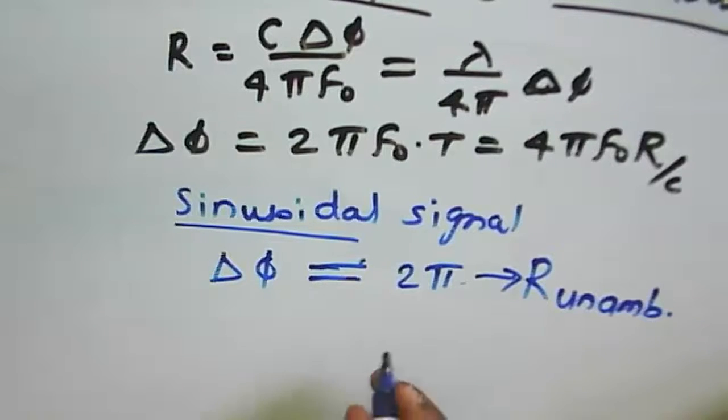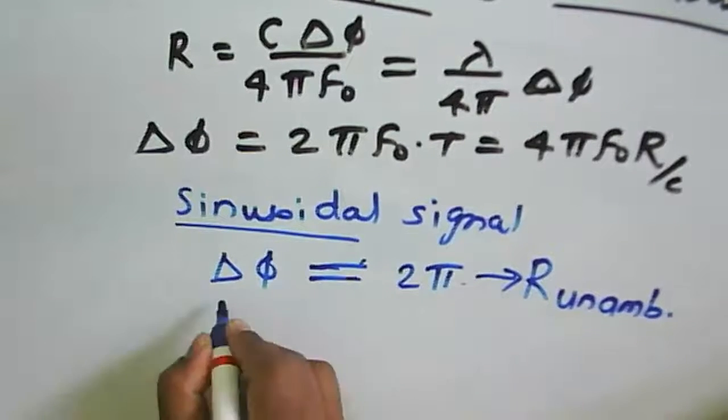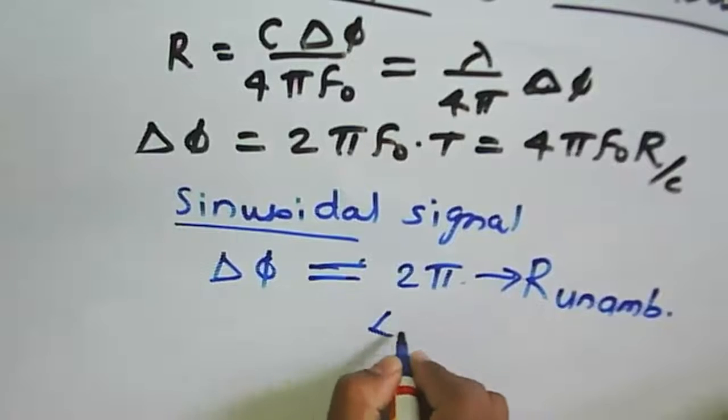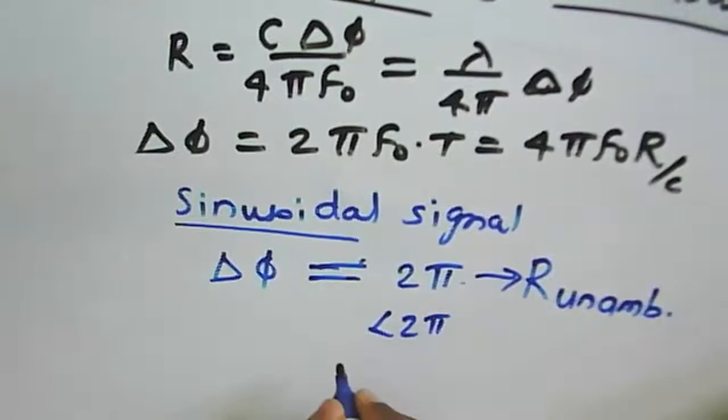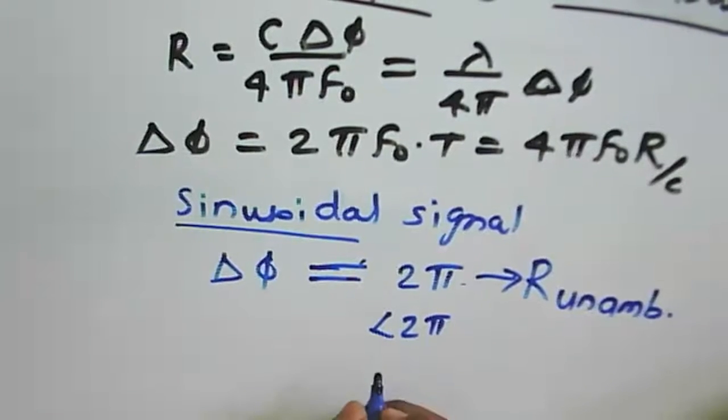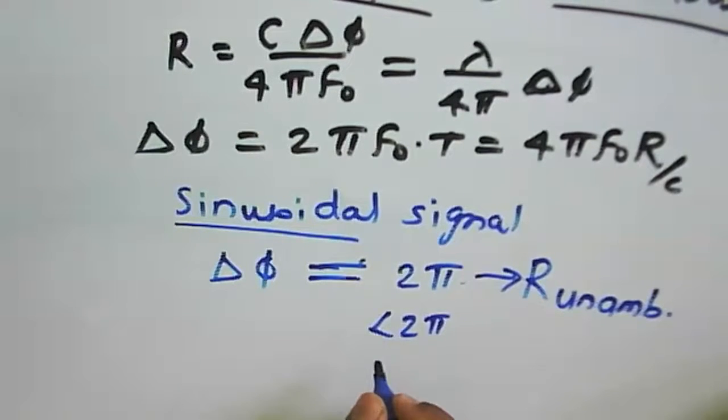Now if the phase difference is less than twice pi, then the value we are getting will be ambiguous.